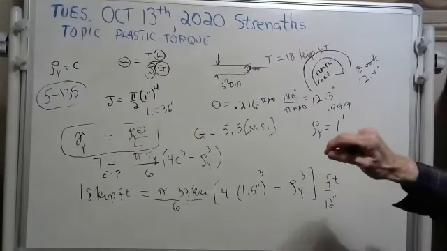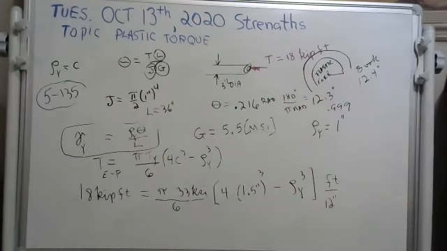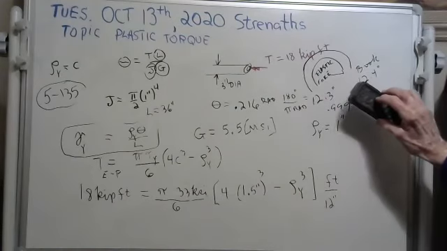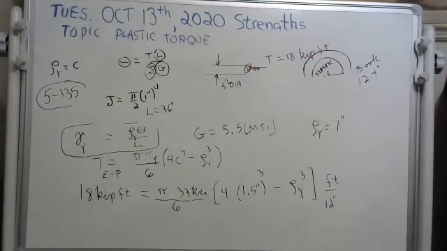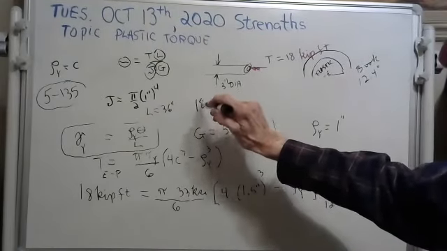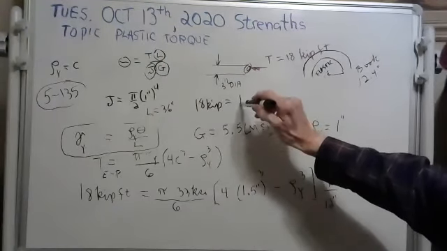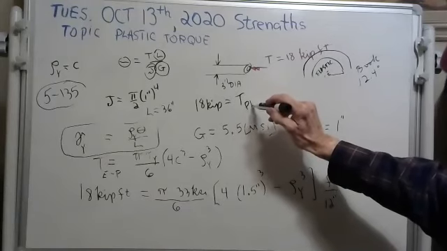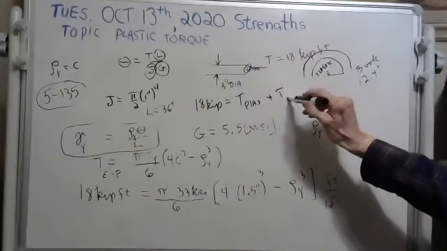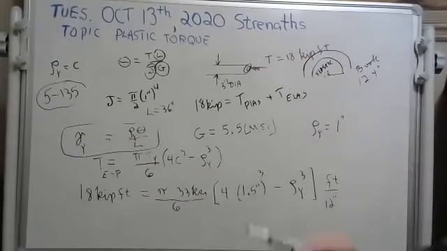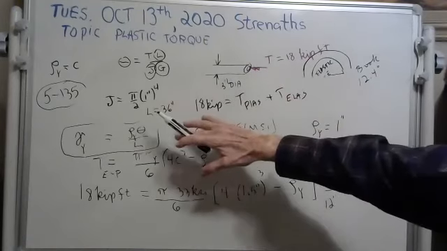But here's the tricky part. This torque of 18 kip feet, I need the room here. We're going to have to sacrifice something. That total of 18 kip feet is provided by the torque in the plastic region plus the torque in the elastic region. And the torque in the elastic region is not equal to 18.